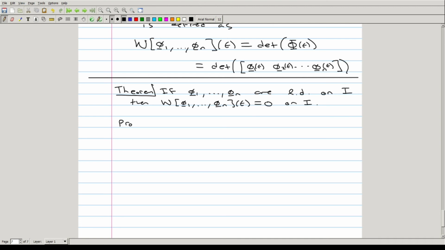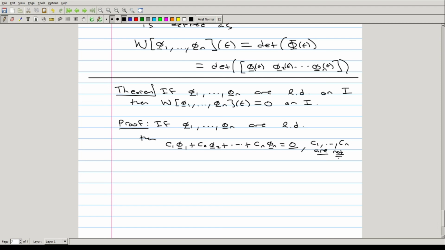And the proof of this, I'm going to sketch it out. So if phi1 through phi(n) are linearly dependent, then there exists some combination of phi1 through phi(n) that equals the 0 vector, but c1 through cn are not all 0.